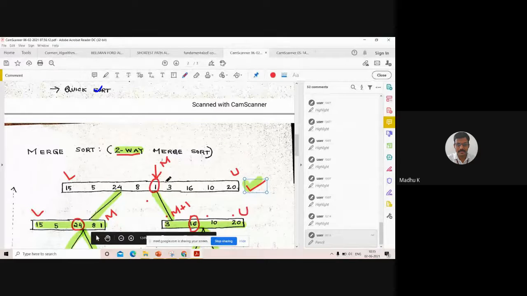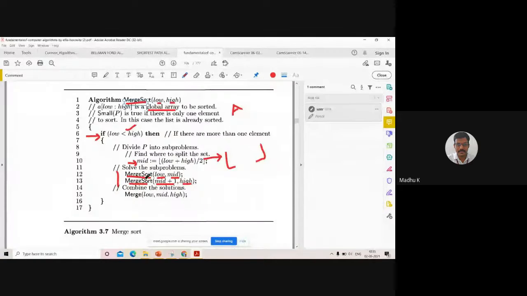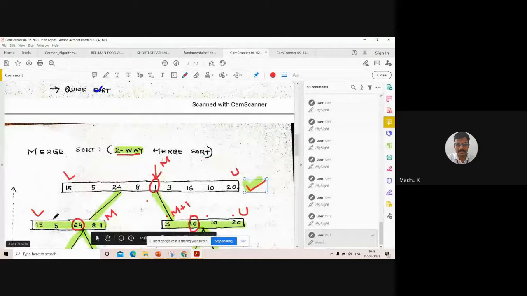So this is what this code is doing. First we will call merge sort with low comma mid. Then the problem is divided in this way, low to mid, and we need to consider the low to mid elements only.